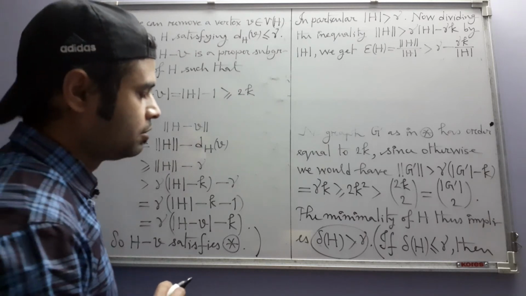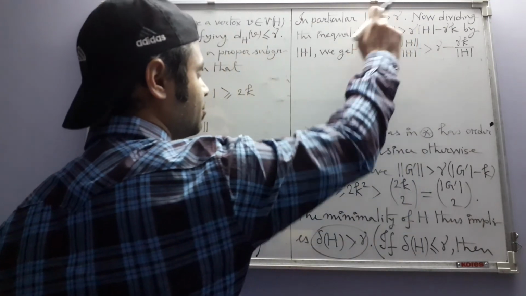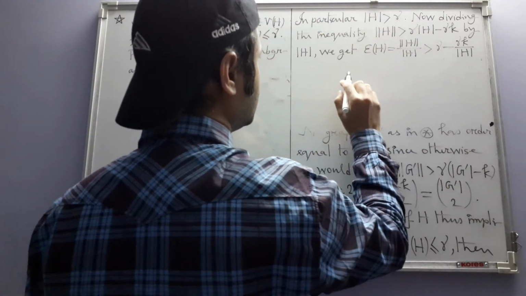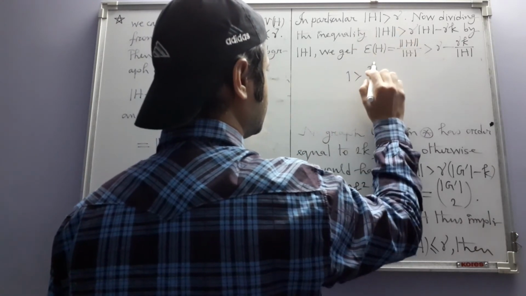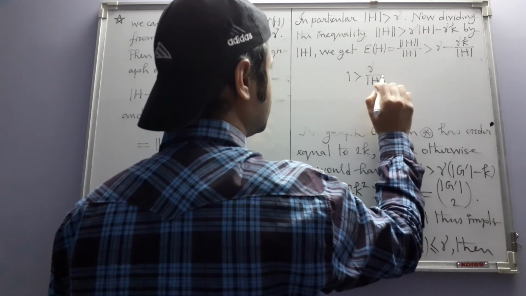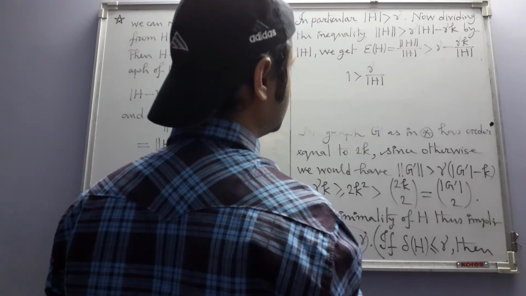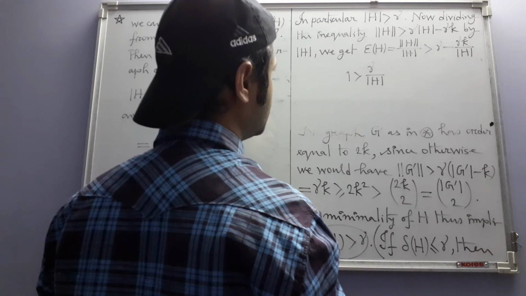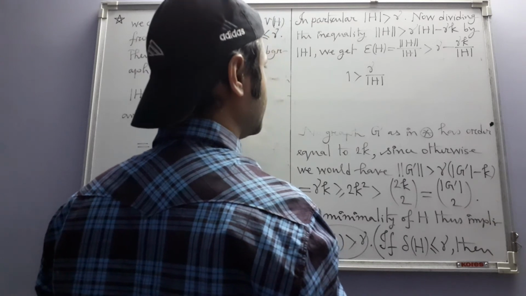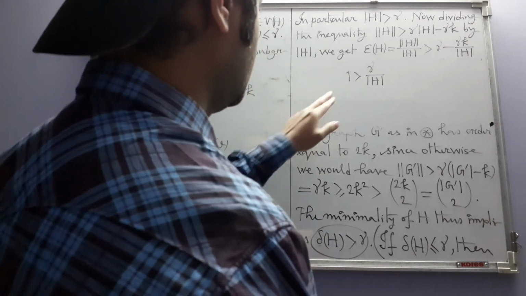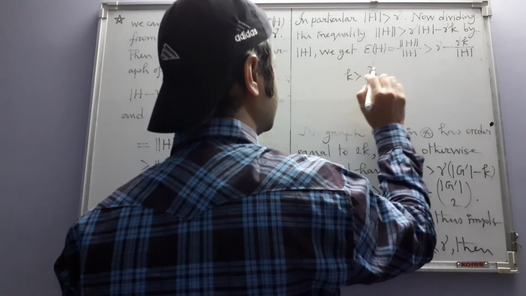Now because of this inequality, what do we get from this inequality? If we divide both sides by order of H, we get 1 greater than gamma divided by order of H. So that means if we multiply both sides by k, is it making sense?